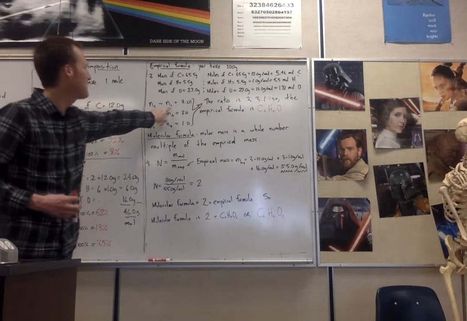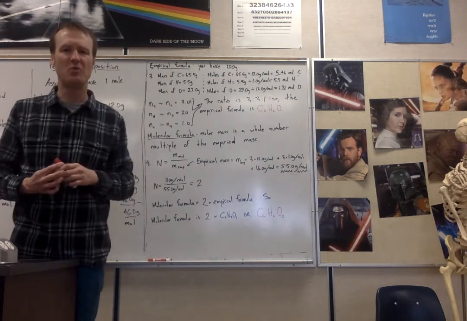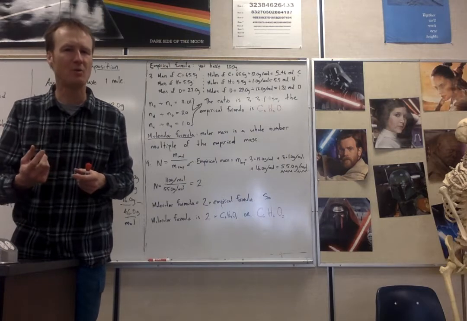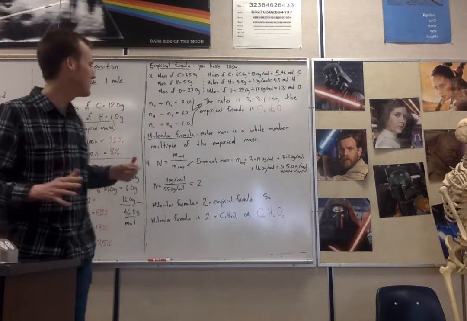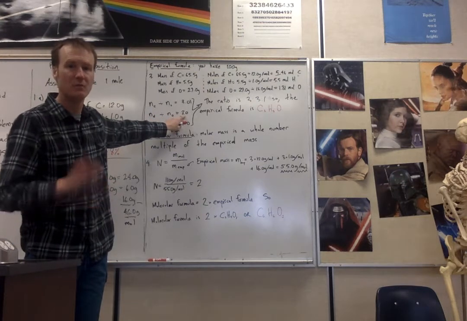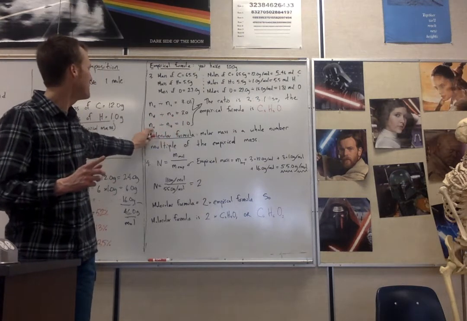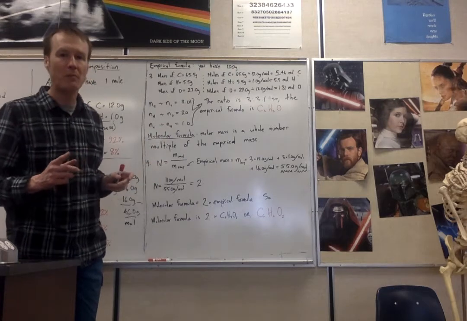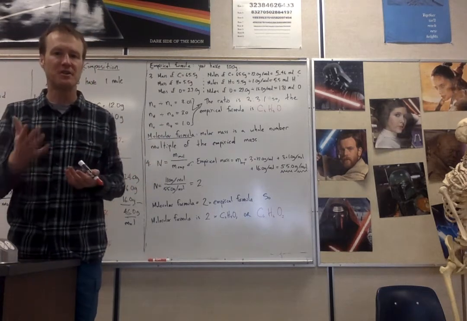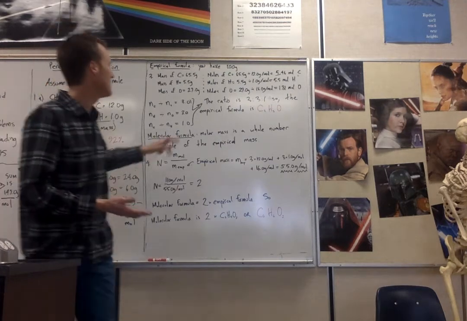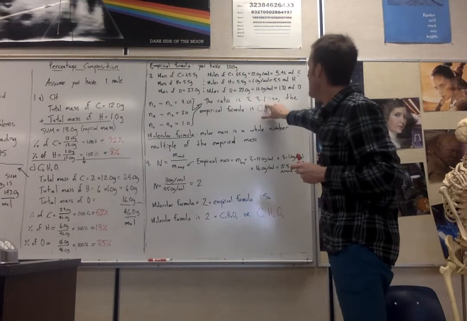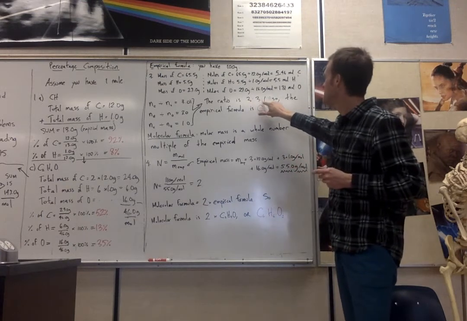Moles of carbon divided by moles of oxygen, 3.01. Really close to 3. If you see a number that's really close to a whole number, just treat it as the whole number. Hydrogen divided by oxygen, 3.0. Carbon divided by hydrogen, 1.0. Well, look at that. Those whole numbers just drop right out in front of you. The ratio, carbon to hydrogen to oxygen, is 3 to 3 to 1.